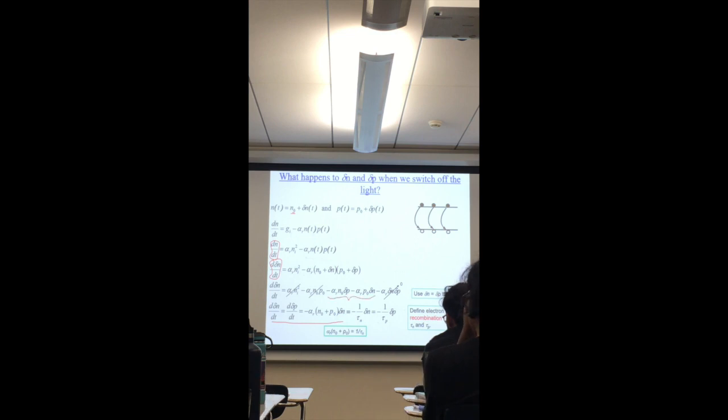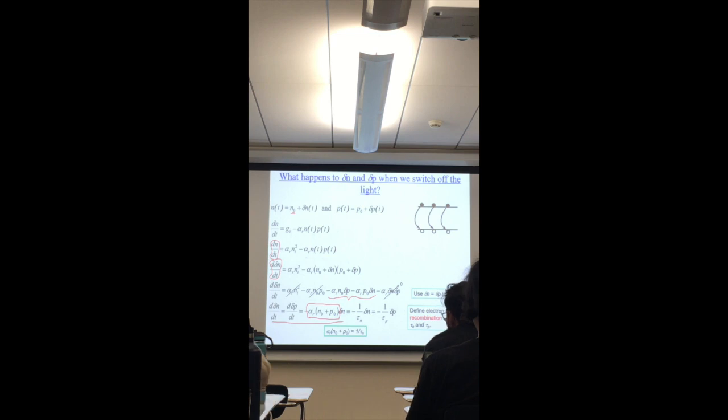And we can factor out this alpha sub r. So we have alpha sub r times n naught plus p naught, times delta n. For this term, we define alpha n naught plus p naught as 1 over tau.